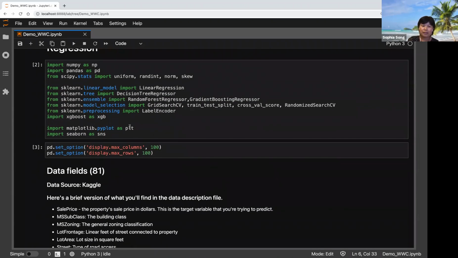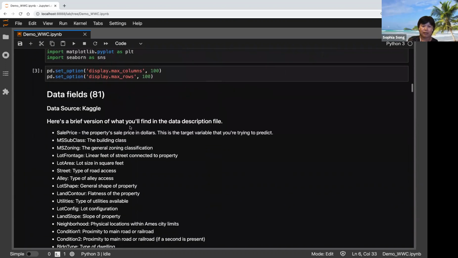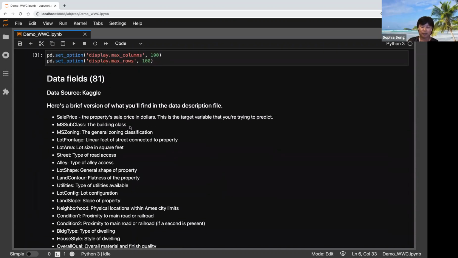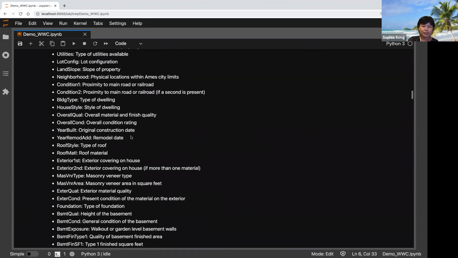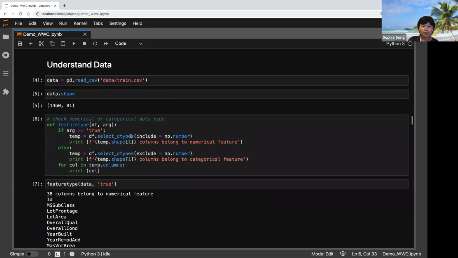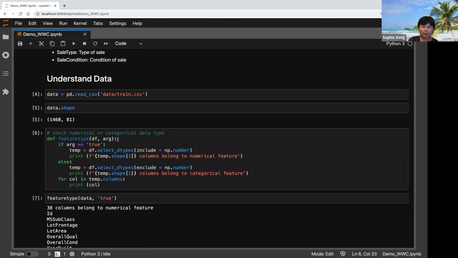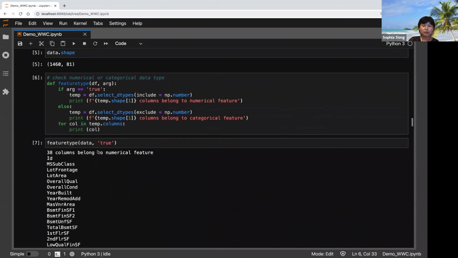For the regression, I downloaded some data from Kaggle for house price prediction. For this data set, we have 81 features. After I load my data into my notebook, I want to know the data type. Some data types are numeric, some are categorical, some maybe textual, right?